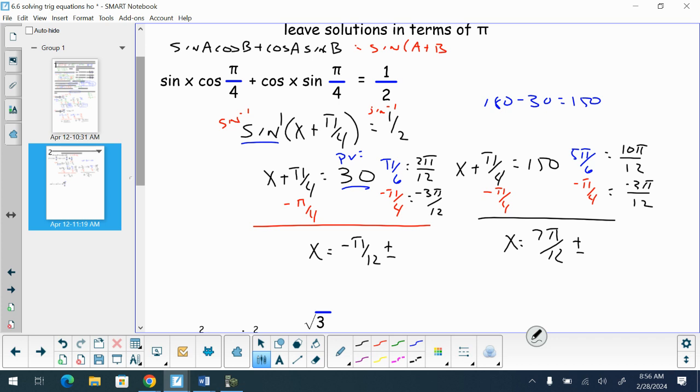Well, our b value is still a value of 1 here. So we have 2 pi n, 2 pi n is our solutions.